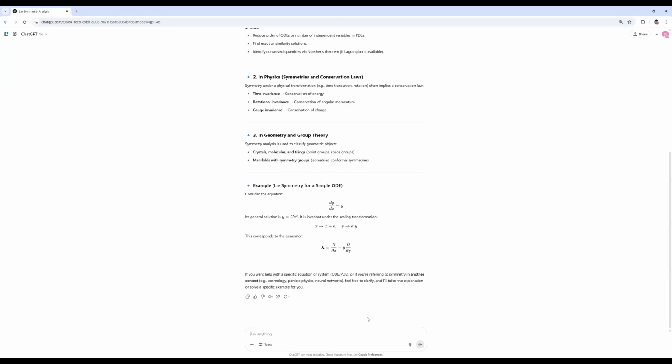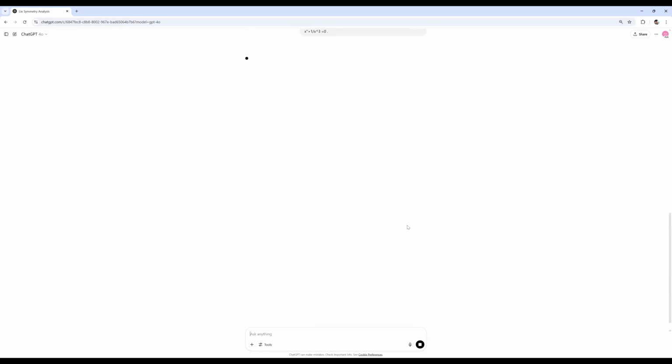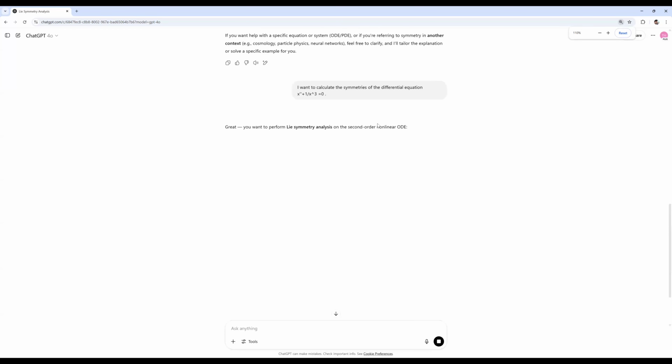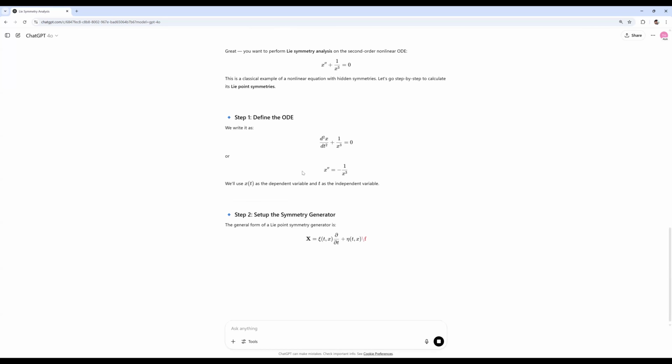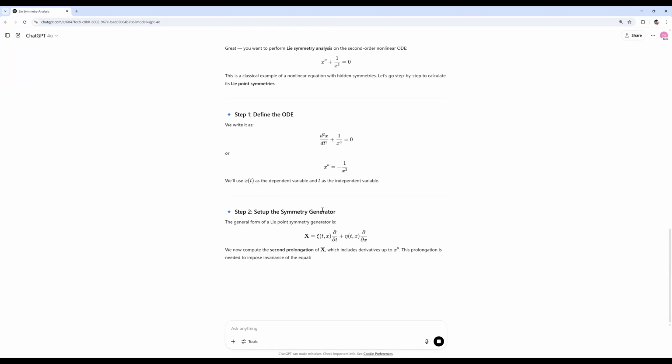So, for instance, I want to calculate the symmetries of the differential equation. Let us calculate the symmetries of this differential equation. So we ask it. The list and the answer that it gives us is actually correct. Define the D, write it in this form, set up the symmetry generator.